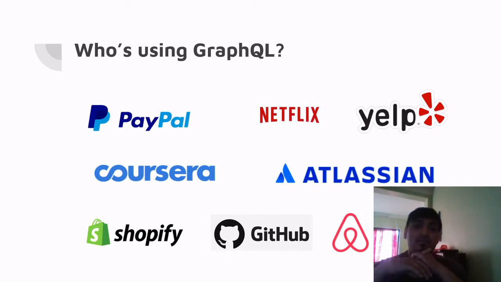Another tech giant, Coursera, also uses GraphQL. Shopify also uses it. GitHub also uses it, and these are a few of the platforms that use GraphQL. Obviously, Facebook uses GraphQL because they invented it and are maintaining it. There is an open source community that is also maintaining and supporting it. So these are some references of companies that are using GraphQL today.